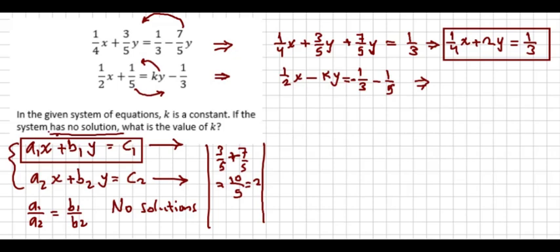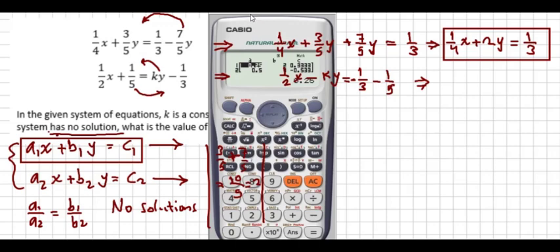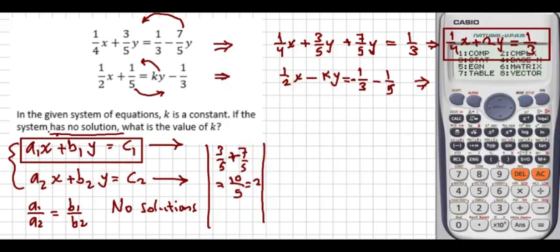And here you can save some time by answering them using the calculator. Of course, you can do them manually, but to save some time, you can use the calculator. Negative 1 over 3, then minus, and then 1 over 5, and the answer is negative 8 over 15.